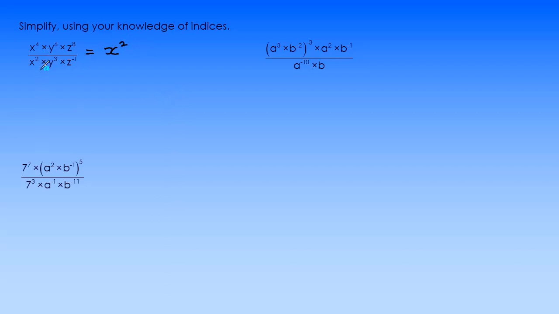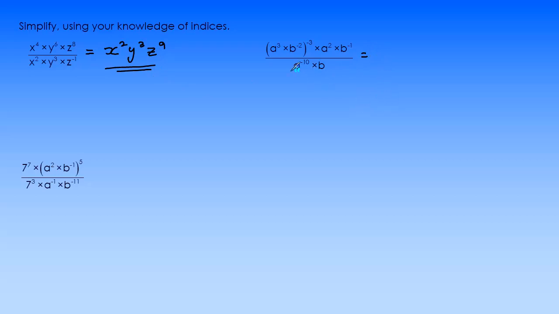Looking at the y's, y to the 6 divided by y cubed, so 6 take away 3 is 3, so we get y cubed. And then we have z to the 8 divided by z to the -1. 8 take away -1 is 8 plus 1, so we just get z to the 9.